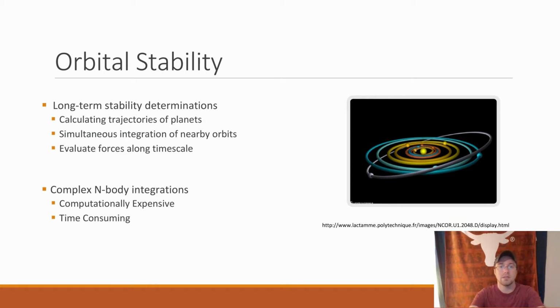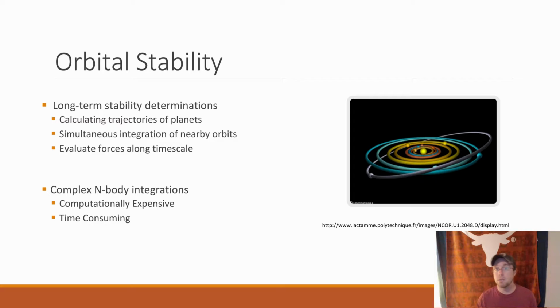So currently, determining long-term orbital stability requires some rather complex calculations. Calculating trajectory of planets, evaluating all the forces on the planets along a time scale, and simultaneously integrating the nearby orbits. And this can be computationally expensive, and these complex N-body integrations can be time-consuming.